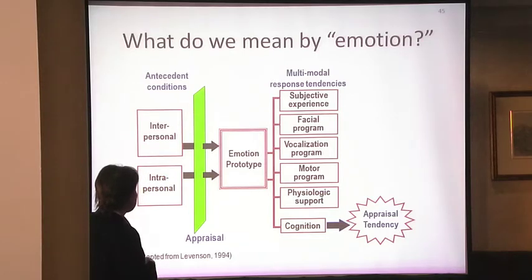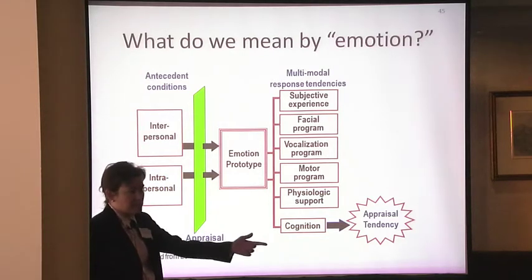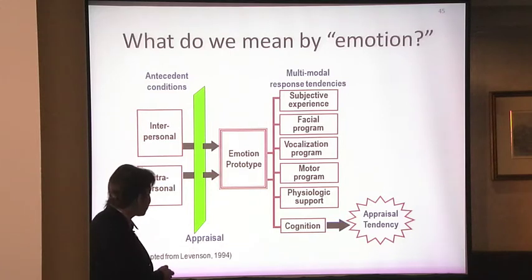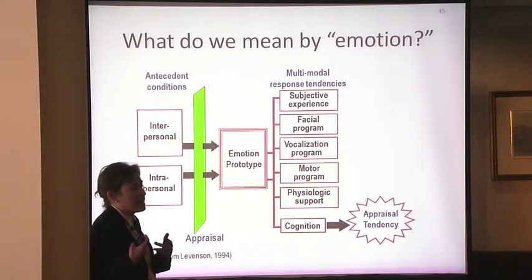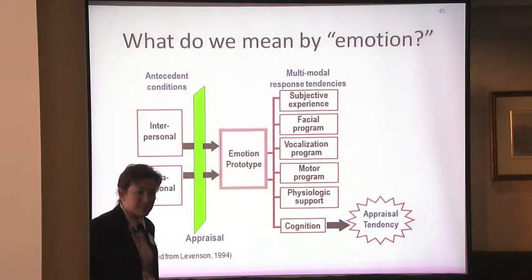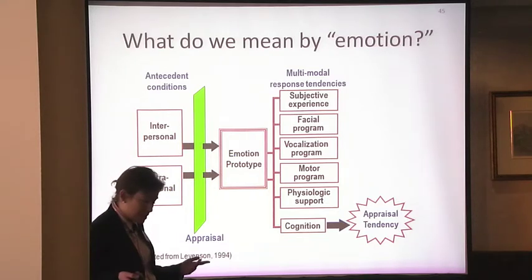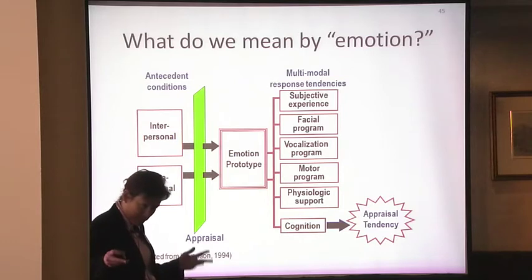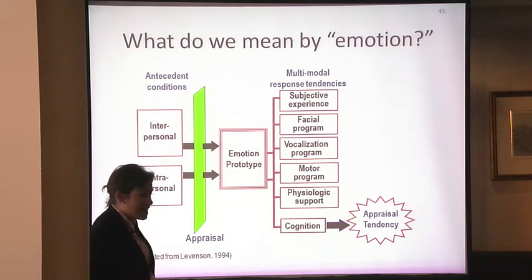The idea is that there are antecedent conditions that can be interpersonal, like you yell at me, and they can be intrapersonal, like I'm a chronically angry person. Some people, you may know some, go throughout the life course with a hostile edge. Whatever it is, these antecedent conditions are then appraised, and an emotion prototype emerges.